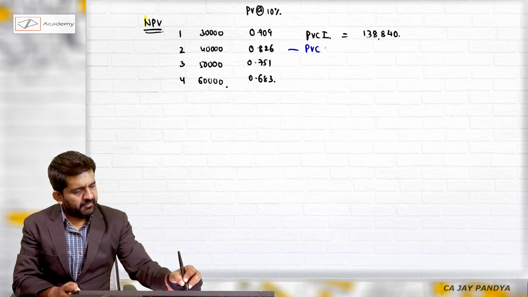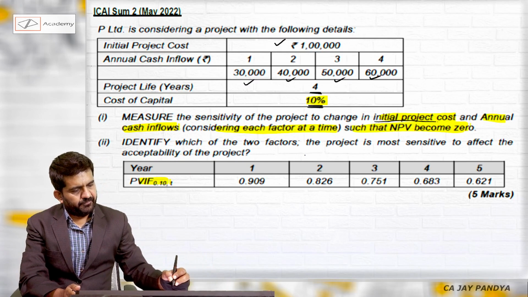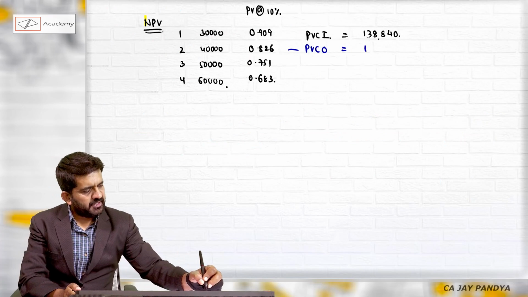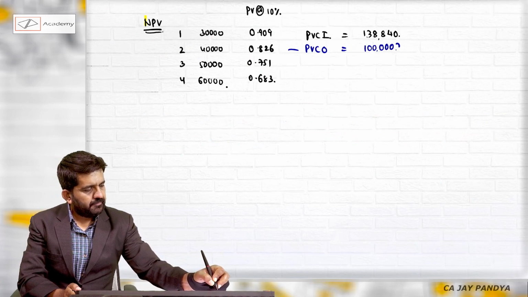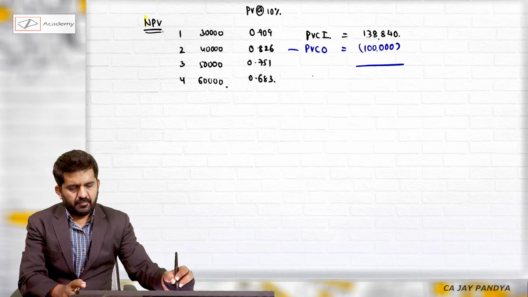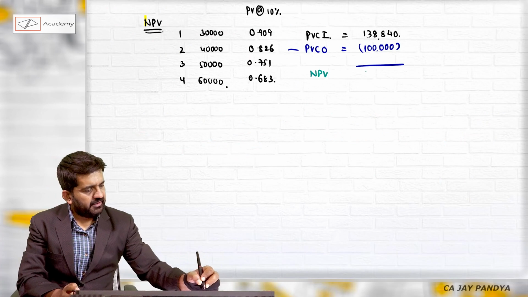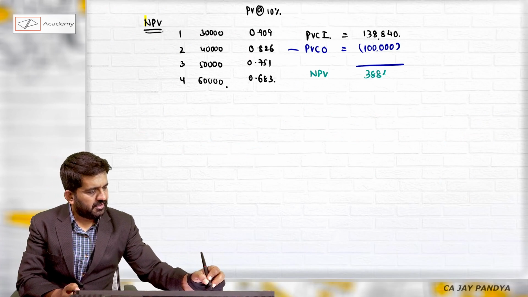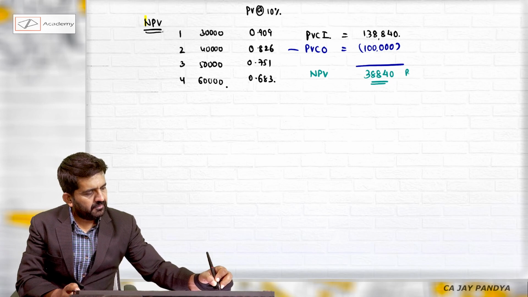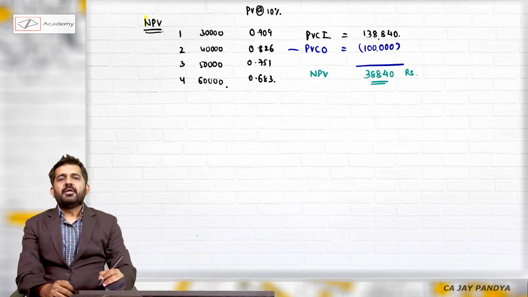Minus present value of cash outflow, which is nothing but the cost of the project, 1 lakh rupees. My NPV is 38,840 rupees.